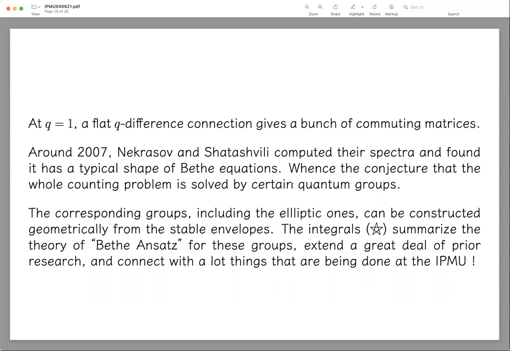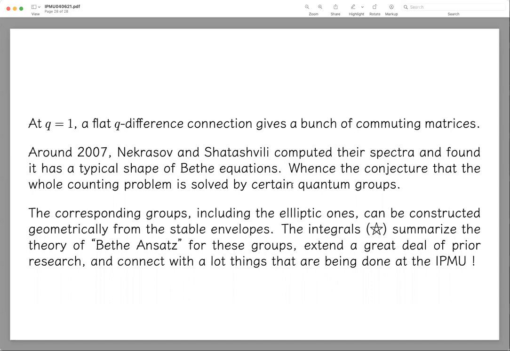And so this integral in some sense summarizes the Bethe ansatz, which is about diagonalizing the matrices that you get from this at Q equals 1. It's also a well understood point that if you can solve an inhomogeneous equation, if you can solve QKZ and other equations by an integral, that in particular gives you a solution of the Bethe ansatz.